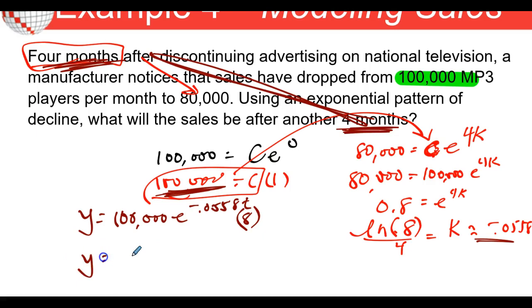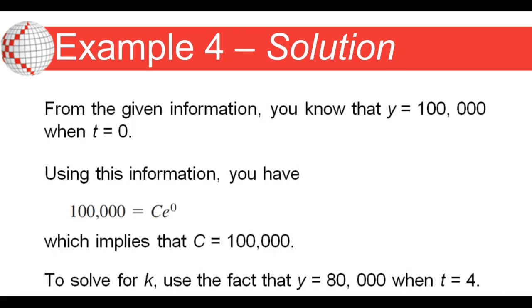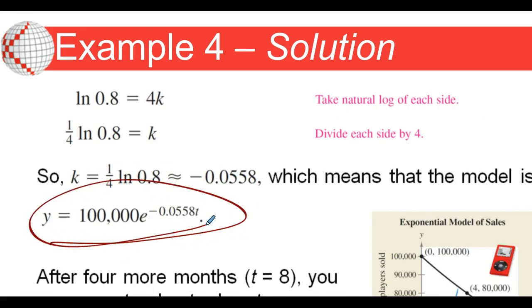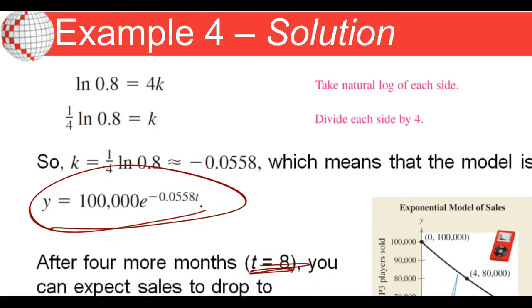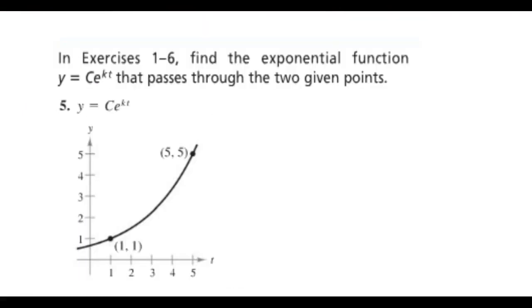So punch in, letting time equal 8, and see if you don't get around 64,000. Good. The author got the same thing. Yep, and time to be 8. Good, good, good. And there's a model of it. Around 64,000.